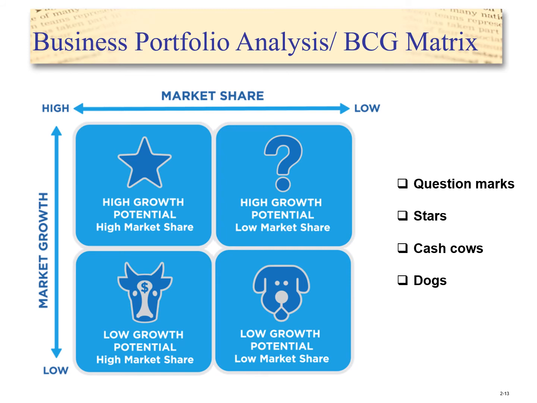So now, what do we do for the question marks? Because these are in the high growth potential area with a low market share, we need to invest more money in there so that we have a bigger share in the market. For stars, again, we keep investing more money in there because they are still in the high growth potential area, and we have a high market share that we want to maintain.